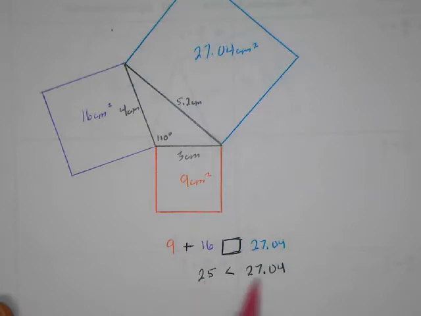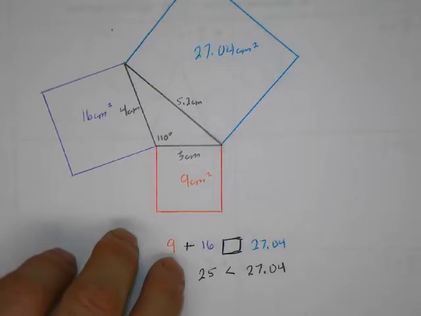However you want to think of it, but I like to think of it in terms of the third side being greater than the sum of the other two sides, because it's just easy to think of that third side by itself. So if the third side is going to be greater than the sum of the other two sides, then that allows us to justify that the triangle that we have created will be an obtuse triangle.